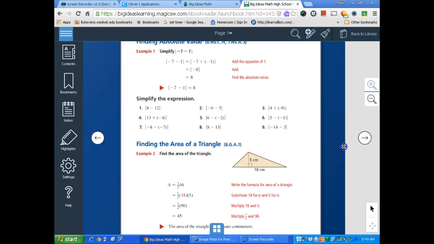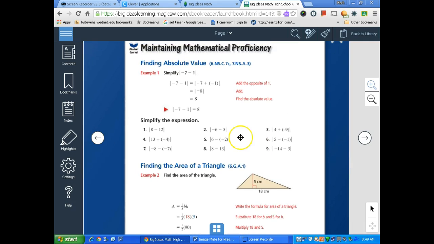It talks about things that you should already know from previous years' math. This one's dealing with absolute value. So remind yourself real quick just by looking at the example on how to deal with absolute values. And then I want everyone to try problems number 1 and number 2 on your own.